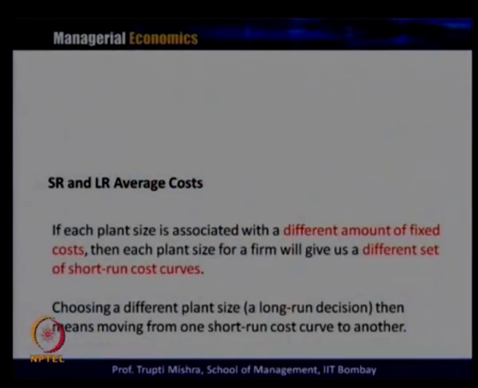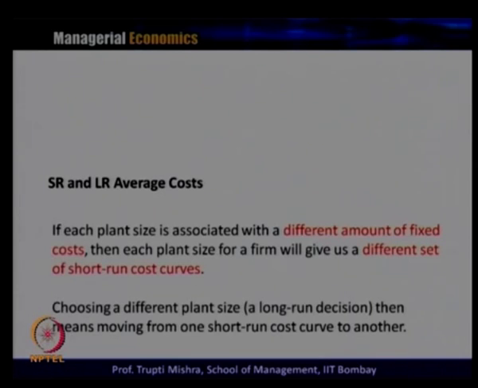So, in this case STC1, STC2, STC3 show three different levels of output and also different levels of cost. So, each plant size is associated with a different amount of fixed cost, and each plant size of a farm will give us a different shape of short term cost curve.